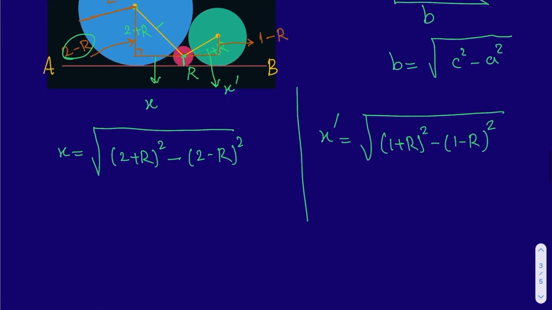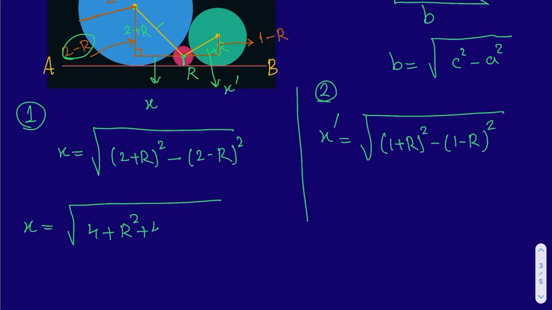So let's go to the first calculation. x will be equal to, I will just expand, 4 plus r squared plus 4r, minus (4 plus r squared minus 4r). Similarly, the same thing happens here.